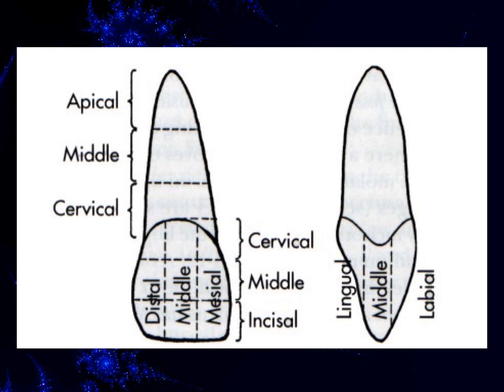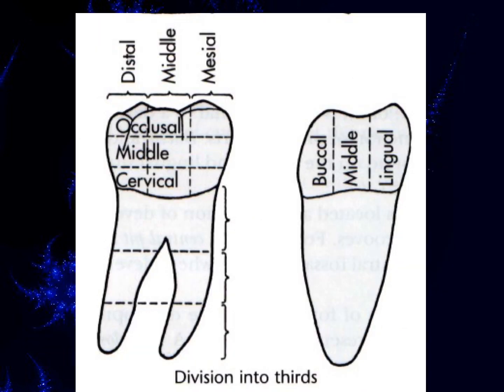Also from the proximal side we can divide it into lingual, middle, labial. Also we can divide the tooth vertically into thirds: distal, middle, mesial. But usually the most used one in our drawings is the cervical, middle, incisal thirds. For molars, we have occlusal instead of incisal third, middle, and cervical.